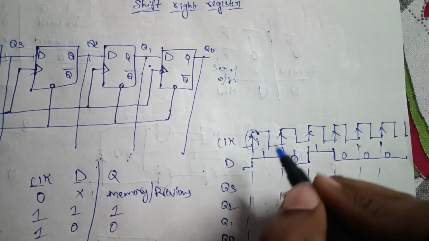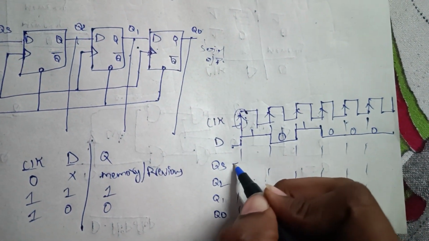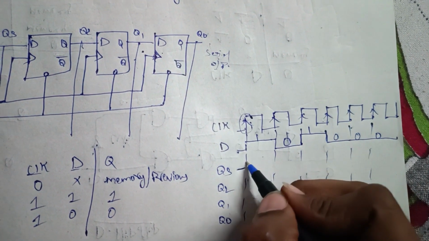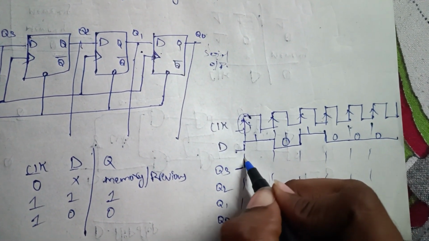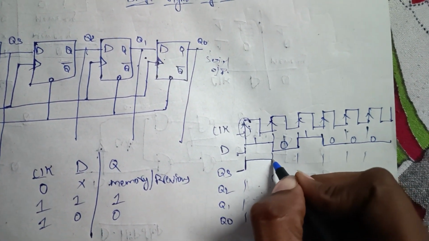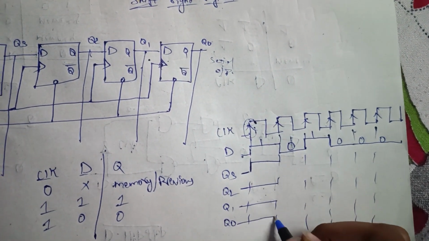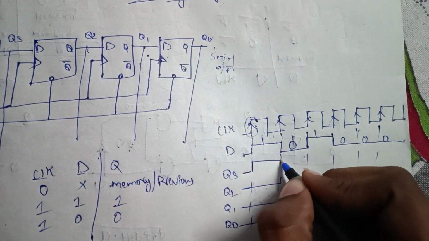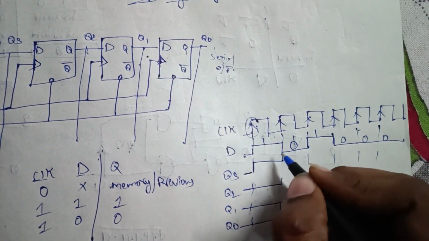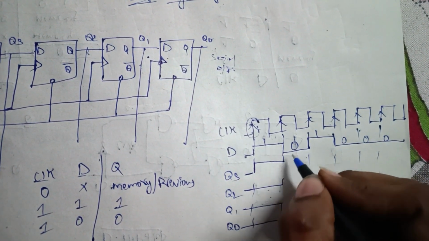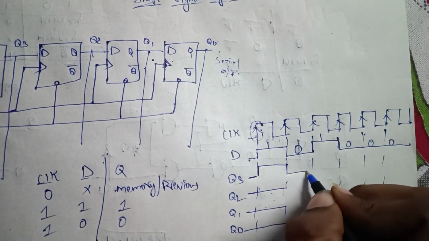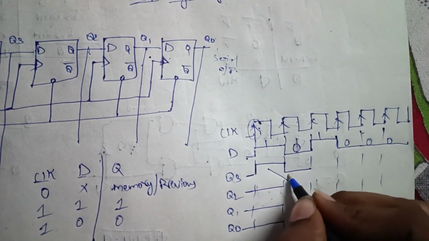Initially Q3 will respond with 1 at the positive edge, and Q2, Q1 and Q0 will remain the same. Next, Q3 follows D, so it will be 0, and the previous state is shifted to the next stage.